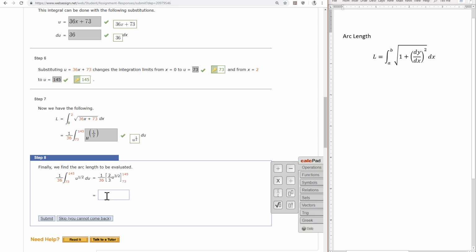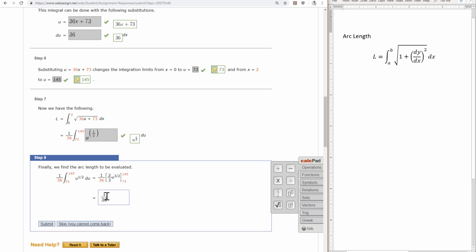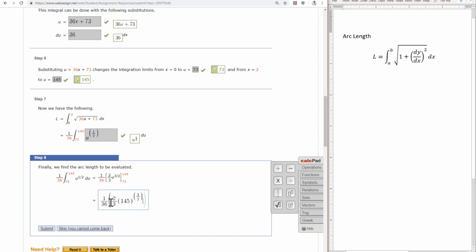So it looks like we're going to have 1 over 36, and then we're going to multiply this times 2/3. Actually, we can put the 2/3 out. Oh, we'll just leave it here. 2/3 times u, evaluated at 145, and this is going to be raised to the 3/2 power, minus the 2/3 again times 73 raised to the 3/2 power.